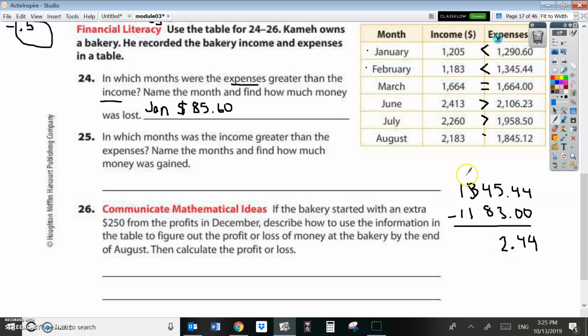Borrow from that 3, make it a 2, make this a 14, subtract and get 6, and 1. 162.44.